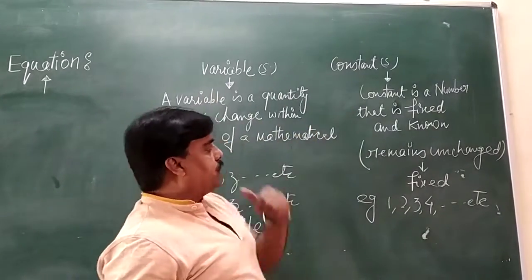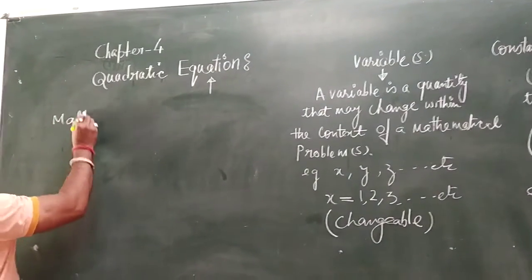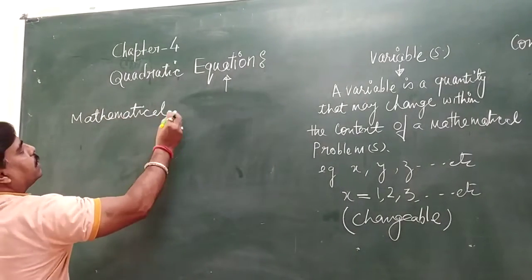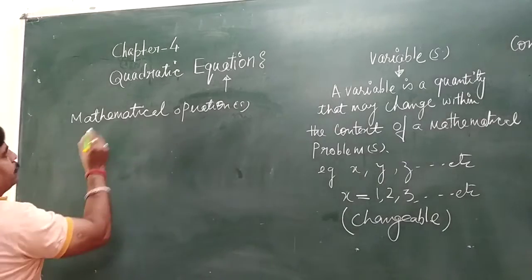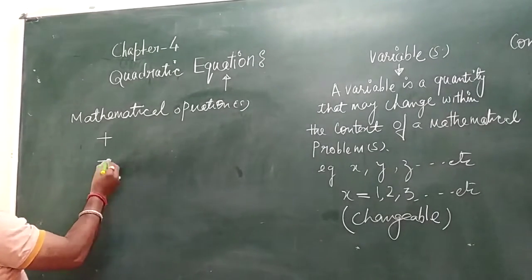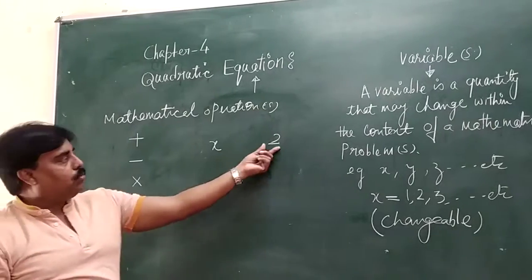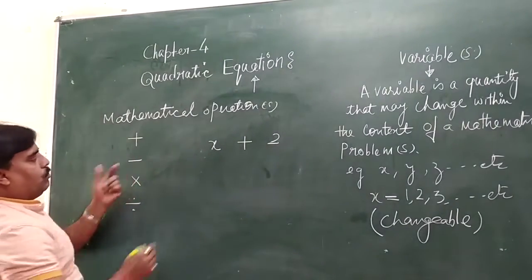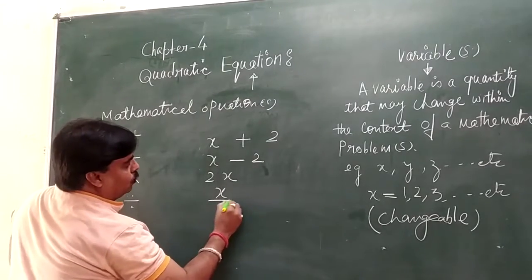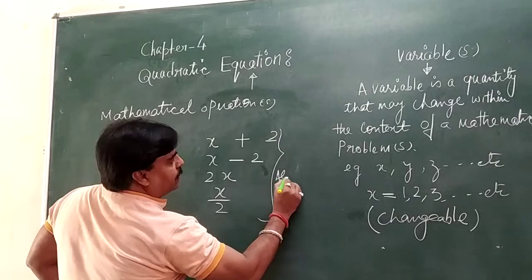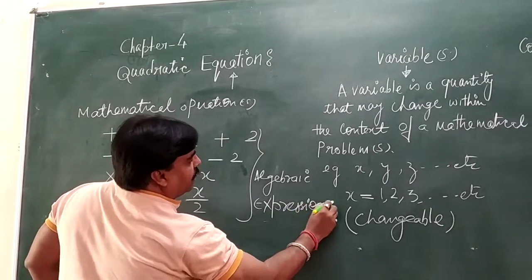Now, on the variable and the constant, if we apply any mathematical operation, meaning we add them, subtract, multiply or divide, like x plus 2, x minus 2, 2x, or x divided by 2, then they are known as algebraic expressions.